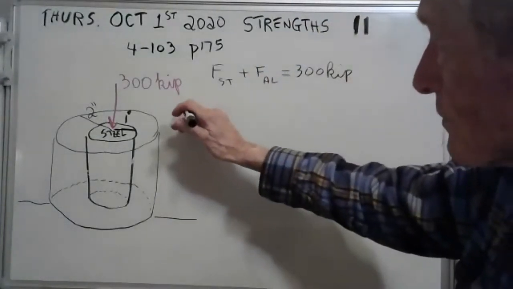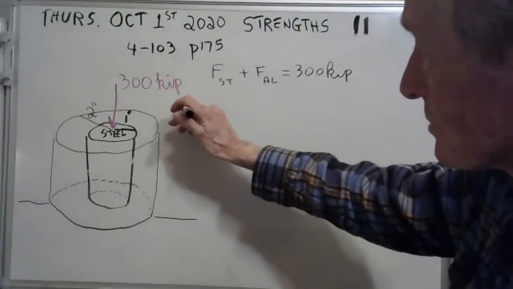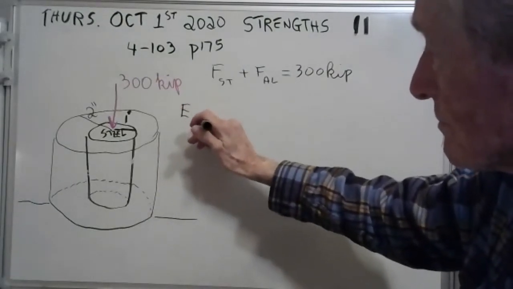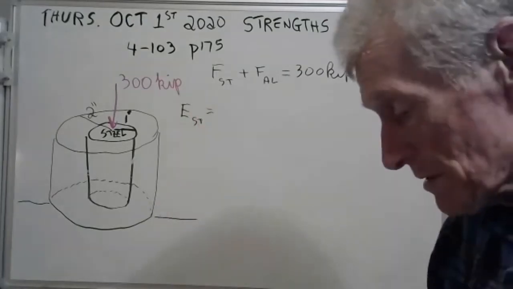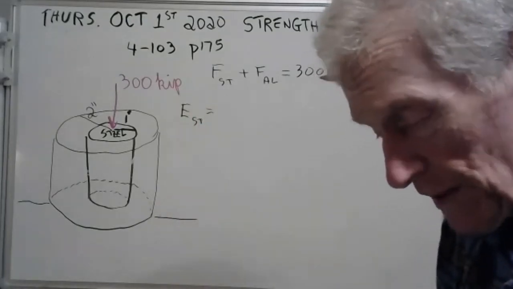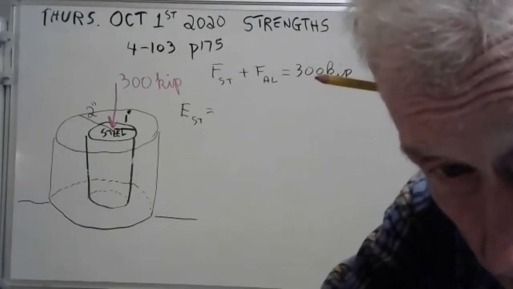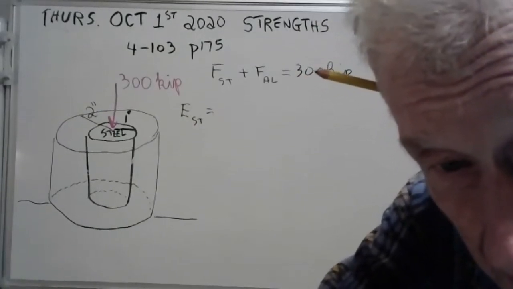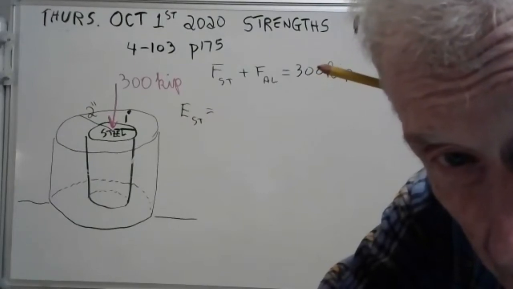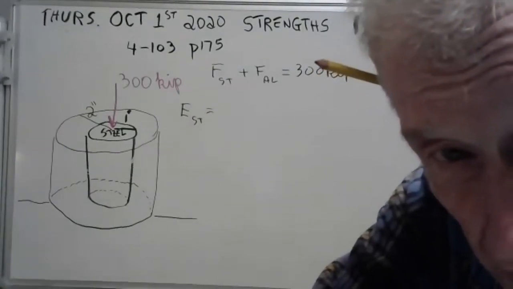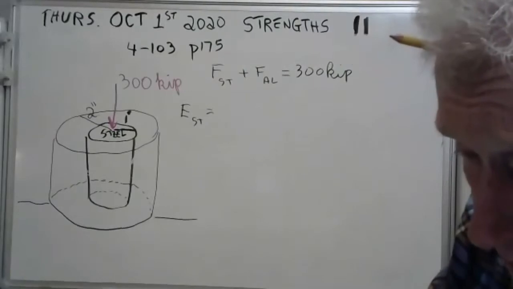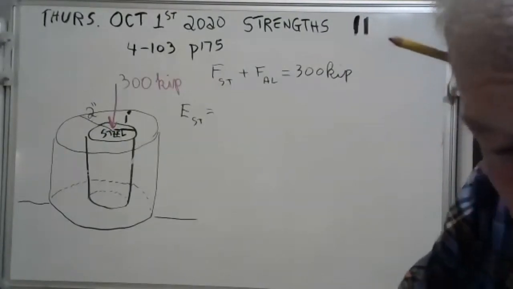Now we need to look up the modulus of elasticity for the steel. I want to find out if you guys can find this. Let me ask one of my students. How about my friend Julian? Julian, unmute and say hello, please.